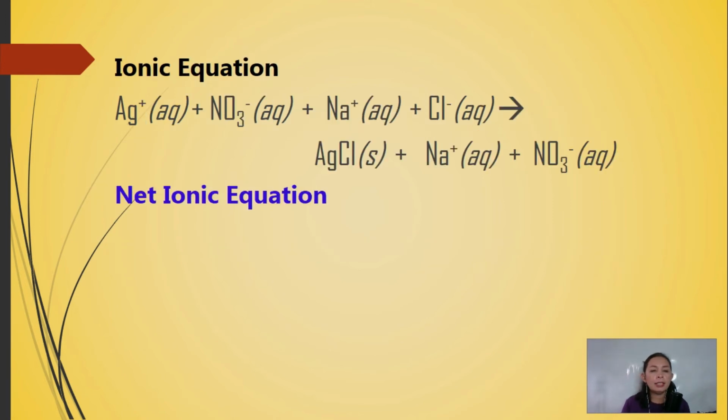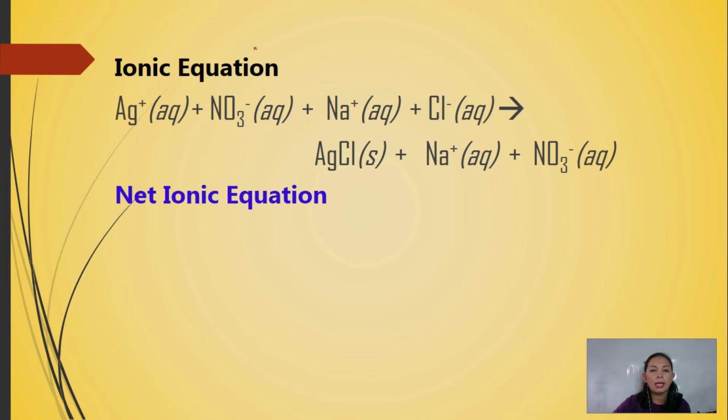And let's try now to write the net ionic equation. Now, in writing the net ionic equation, we have to cancel out the spectator ions. Again, spectator ions are present in both the reactant side and the product side. So let's see, silver, do we have it in the product side?